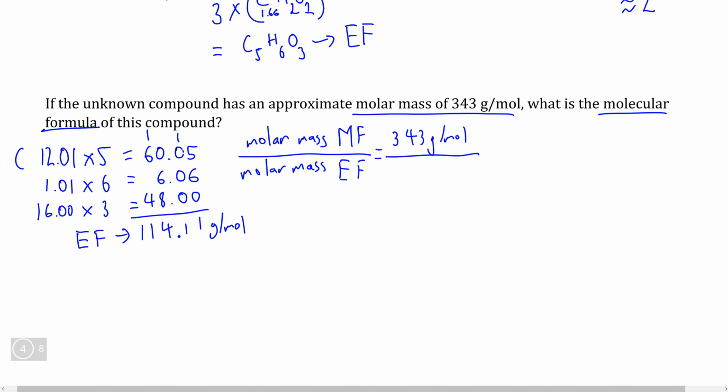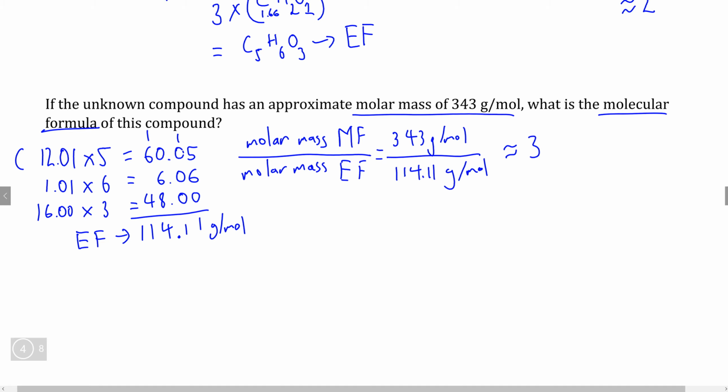And if we do that right here, what we're going to see is how much larger our molecular formula is compared to the empirical formula. So if we divide 343 grams per mole by the molar mass of our empirical formula, 114.11 grams per mole, this number comes to approximately 2.98, which we can safely round up to 3.